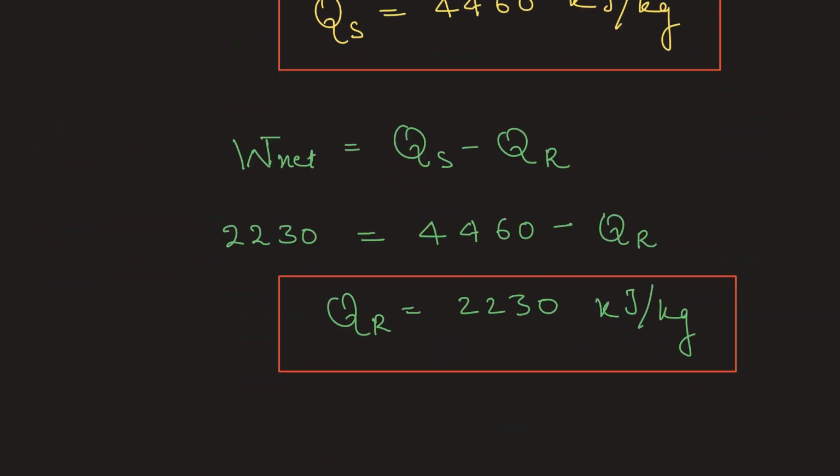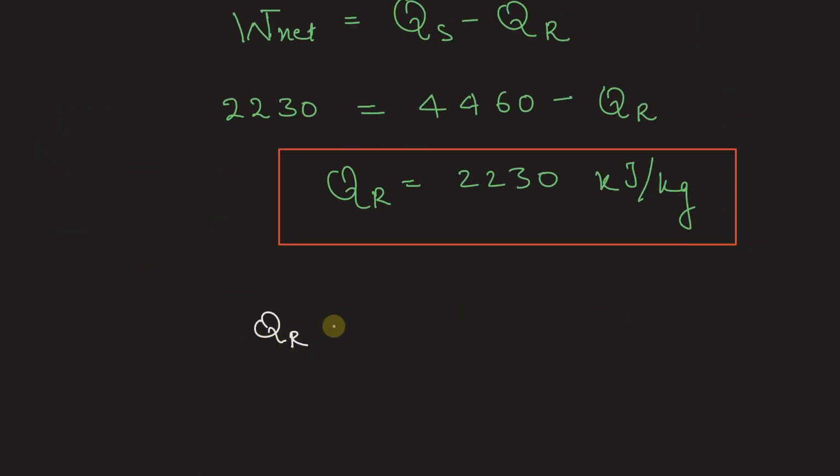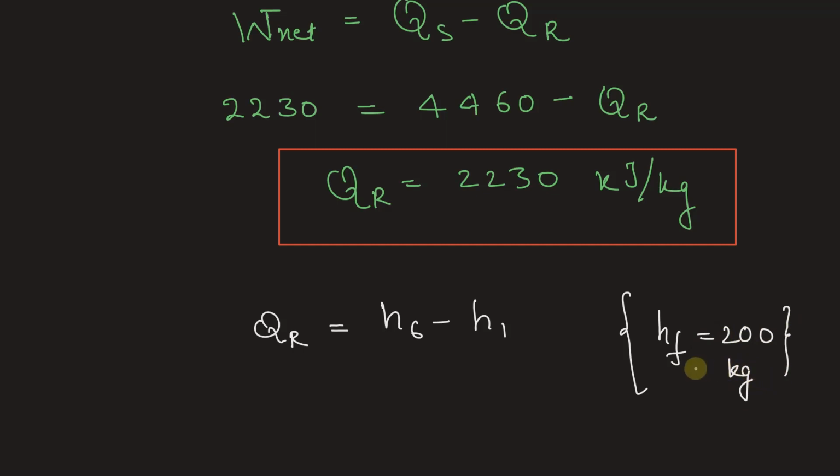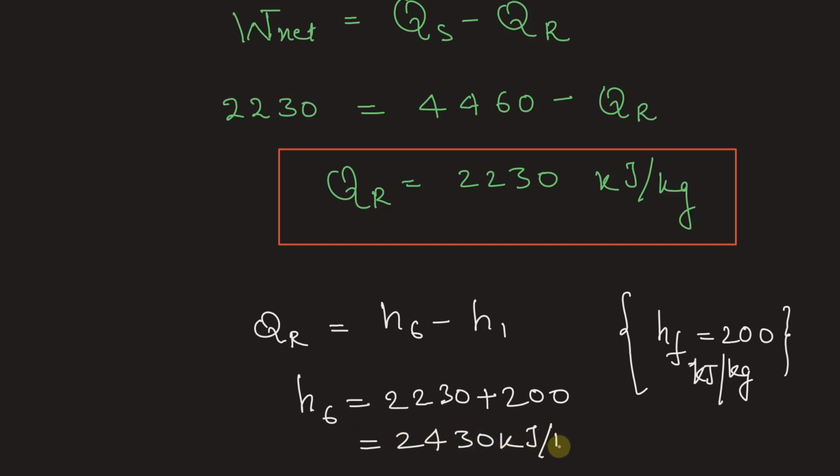So QR is also equal to enthalpy at 6 minus enthalpy at 1. Enthalpy at 1 is the enthalpy of saturated liquid hf, given in the problem as 200 kilojoule per kg. So from here we can calculate enthalpy at 6. H6 will be equal to 2230 plus 200, which is 2430 kilojoule per kg.